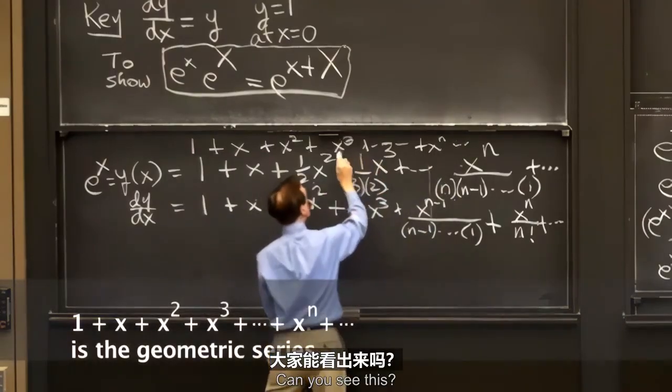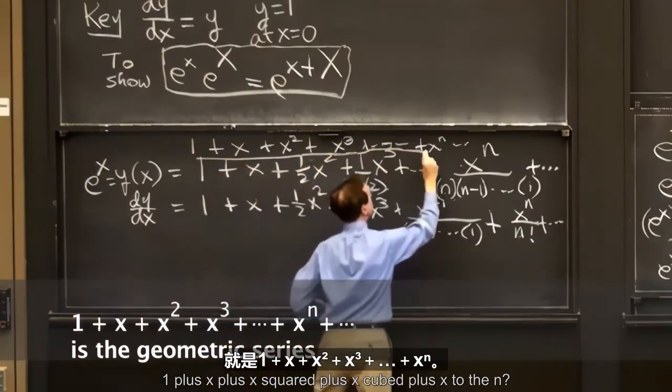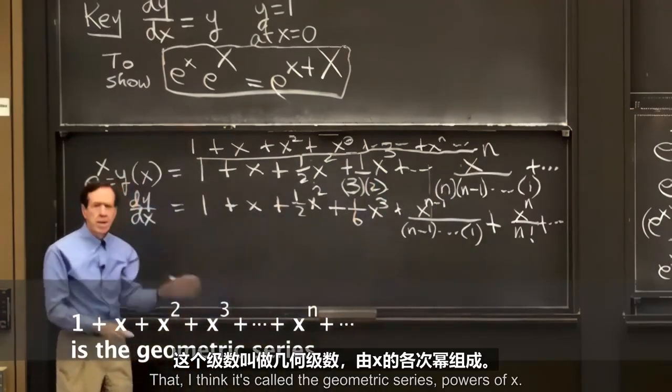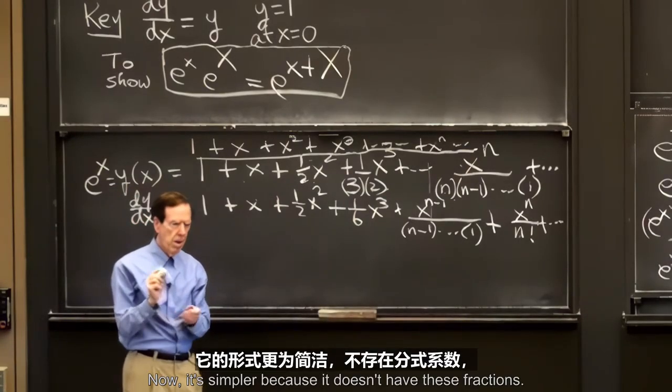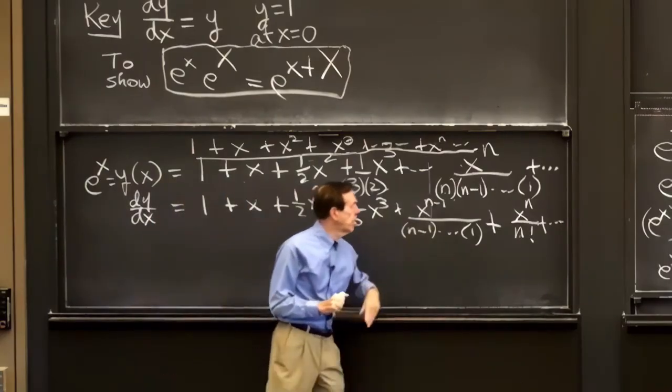Can you see this? 1 plus x squared plus x cubed plus x to the n? I think it's called the geometric series, powers of x. Now, it's simpler because it doesn't have these fractions.